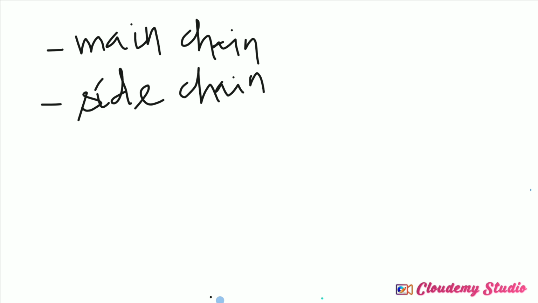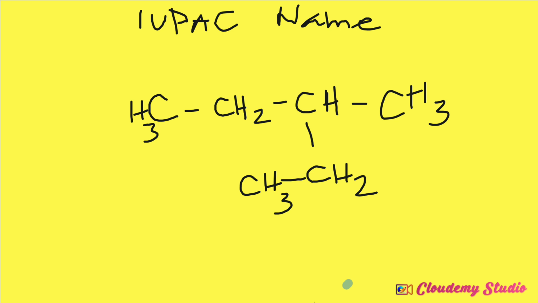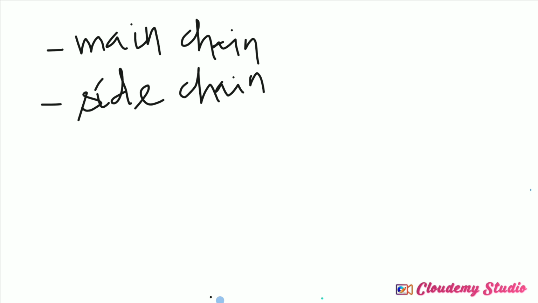So what are the ways we can find the main chain? I can show it with the highlighter. One way is that the chain goes straight like that, and at this spot a branch is there, the side chain is at this spot.